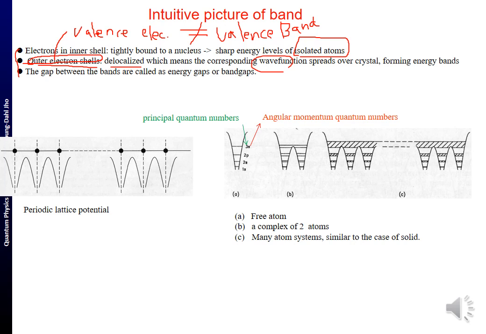It is spread over space. That's the way we have energy bands. And then we can have gaps between the bands. So we consider this periodic lattice potential.